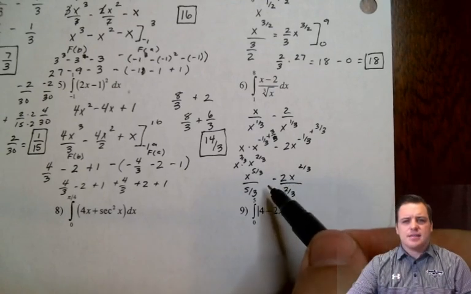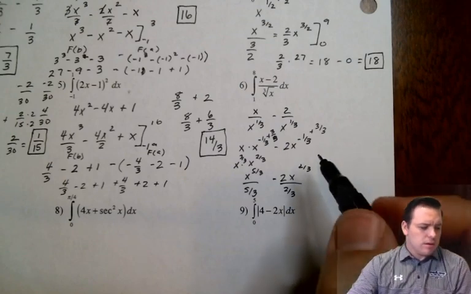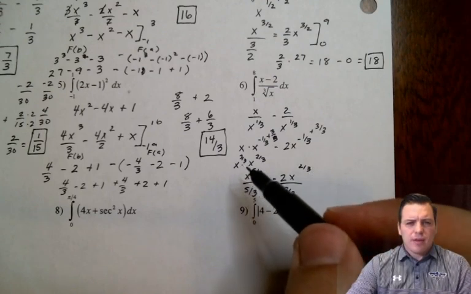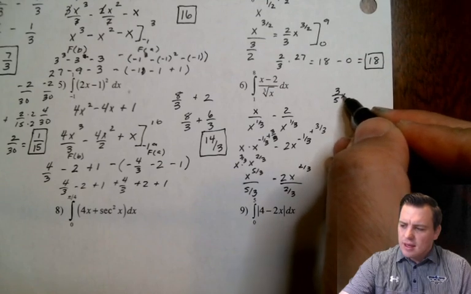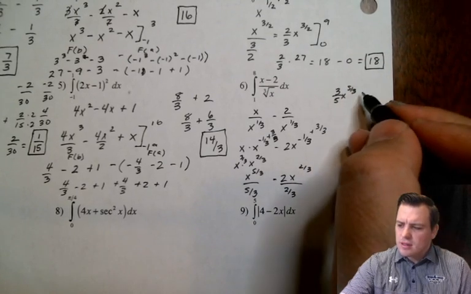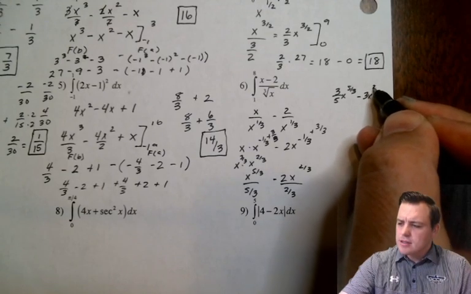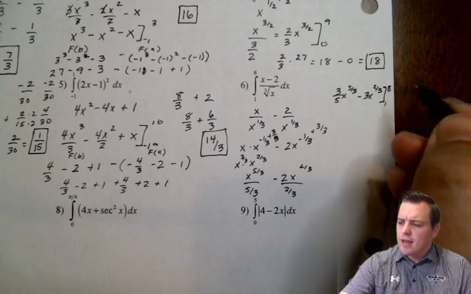That constant just stayed out of that when you pull it down. Now to clean that up, we'll just flip that up, and we'll get 3/5 x to the 5/3 minus 3 x to the 2/3, going from 1 to 8.